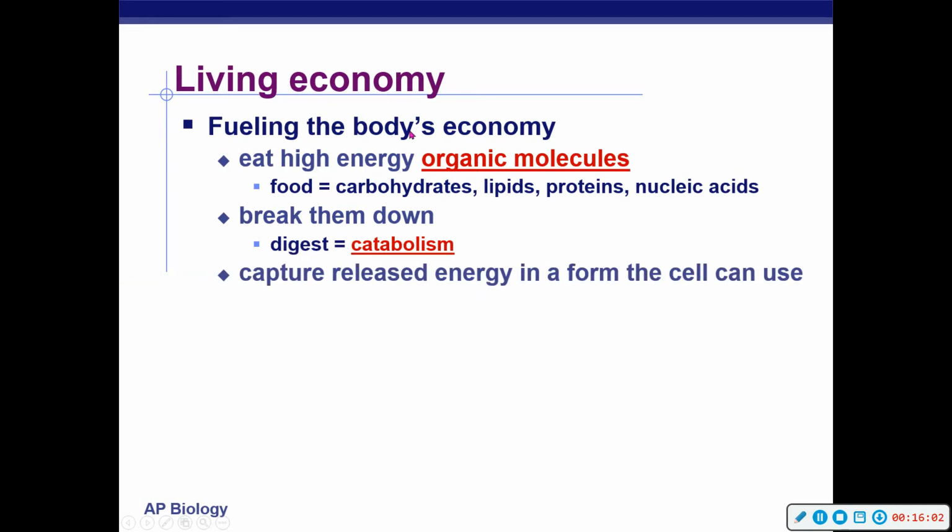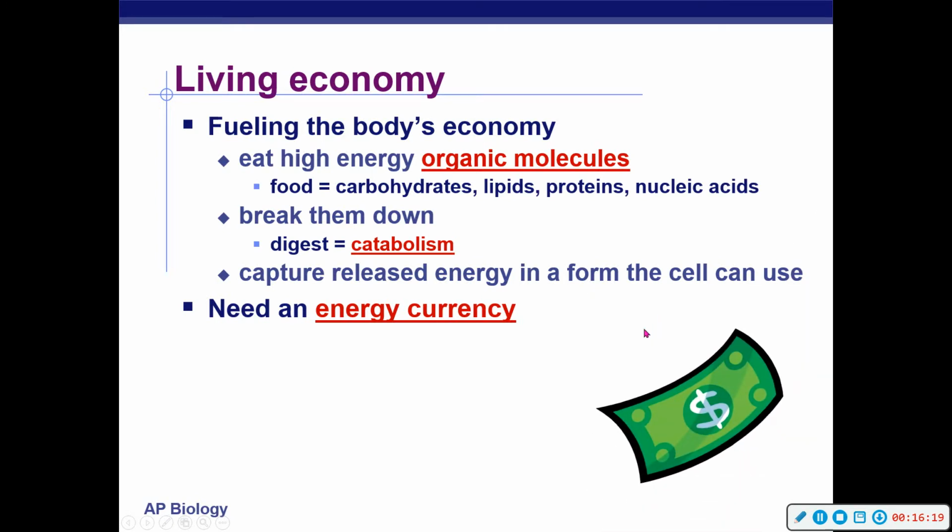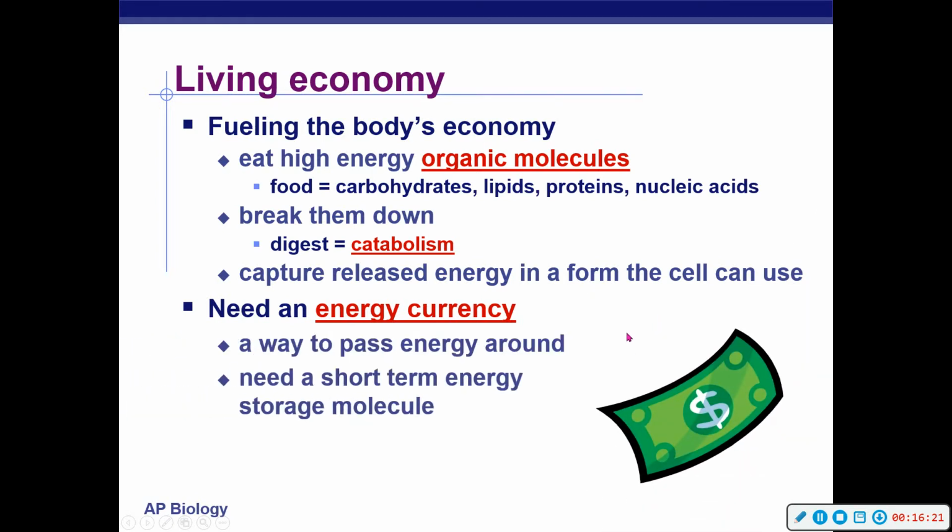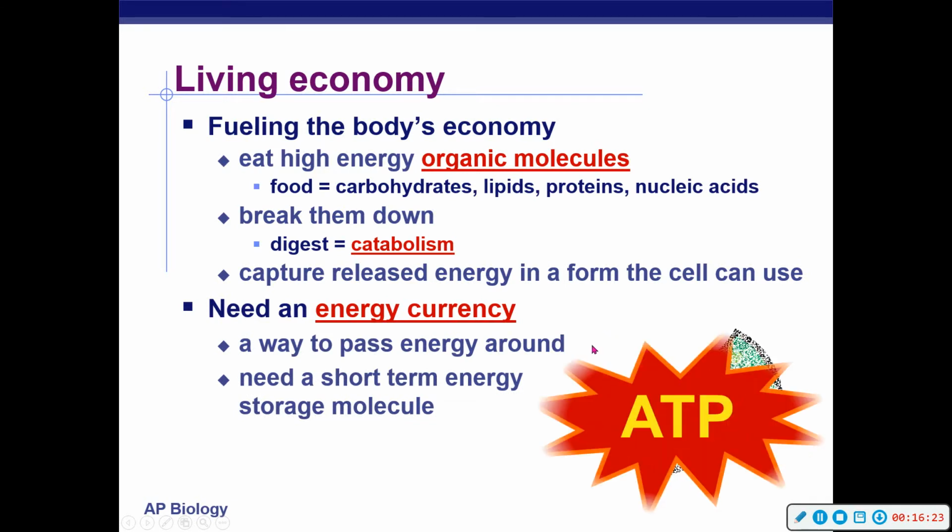So to fuel this economy, I like that, we have to eat our organic macromolecules, carbohydrates, lipids, proteins, nucleic acids, and break them down and capture the released energy in a form that we can use. Oh, nope, we can't use a dollar bill in our cells, but we can use something else. We can use ATP.